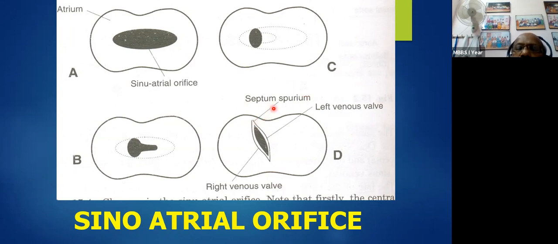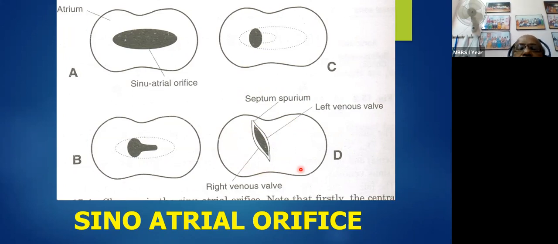Septum spurium. So now you are going to learn different septa. The first one is septum spurium. Because of this, these two valves are getting attached to the roof of the common atrial chamber. Imagine now this as the atrium; behind that we have our sinus venosus.